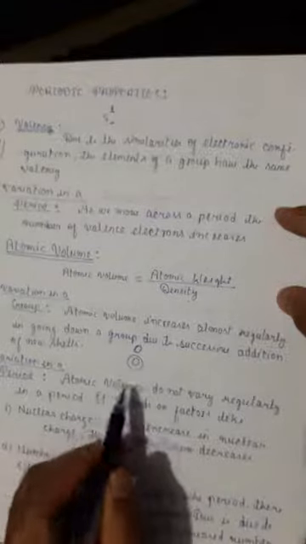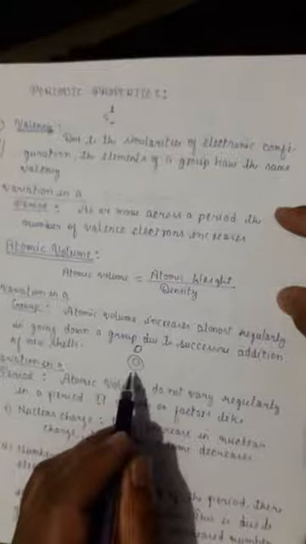In the first period they will be having one shell. In the second period, they will be having two shells, and likewise if they are lying in the third period, then they'll be having three shells. This tells us that the atomic volume increases down the group because there is successive addition of new shells.